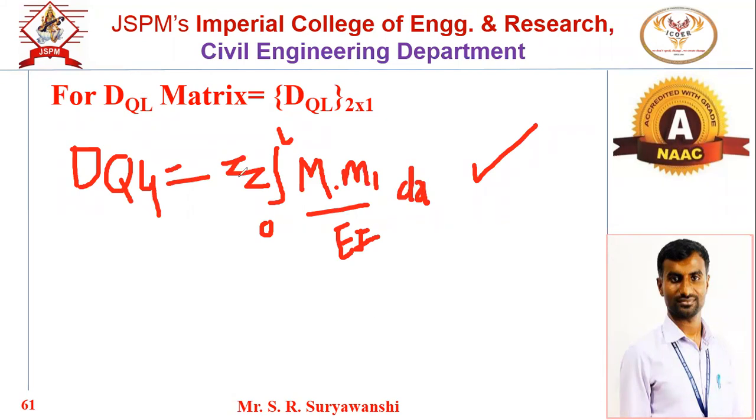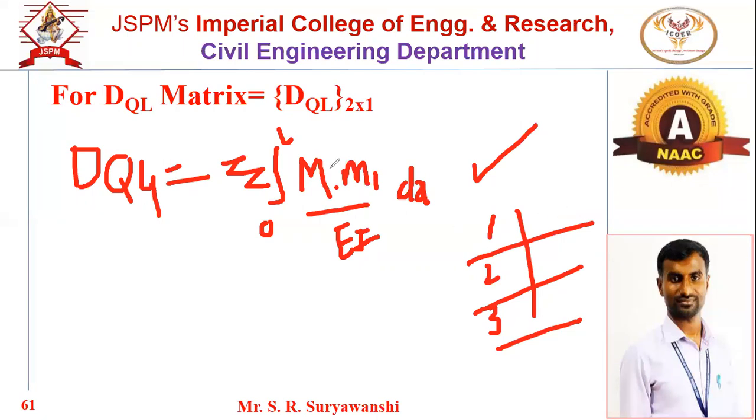Means what you have to perform? This is the summation. We know that our table has 3 zones. Okay, BC, DB and AD. There are 3 zones. So M element of that zone into m1 element of that zone, M into m1. Perform the integration 0 to L, plus again M into m1. Perform the integration 0 to L of that particular zone, plus M into m1 of the third zone. Okay.